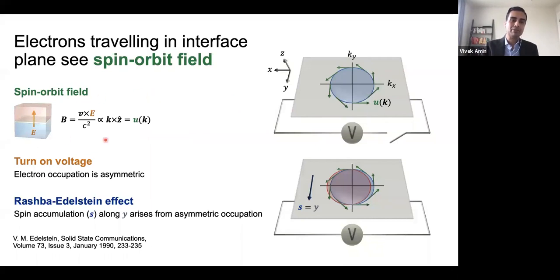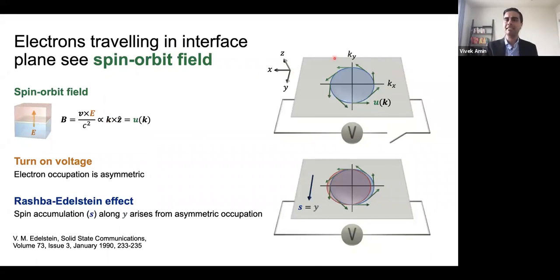And so we know just from textbook relativity that if we have an electric field, that electric field then manifests in a different reference frame as an effective magnetic field. And so for the moving electrons, they're going to see this effective magnetic field, which is given by v cross E. So this is a manifestation of spin orbit coupling at the interface between the two materials. And ultimately, what you're going to get is this effective magnetic field that looks like the in-plane momentum cross the out-of-plane direction. So k cross z in this case.